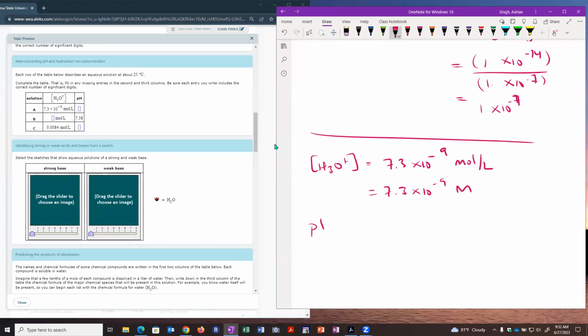So the pH of that solution is simply, we take the negative logarithm of the concentration of the H plus. Okay, so you need to type this into your calculator as written, and depending on what type of calculator you have, the way that you enter it may be slightly different.